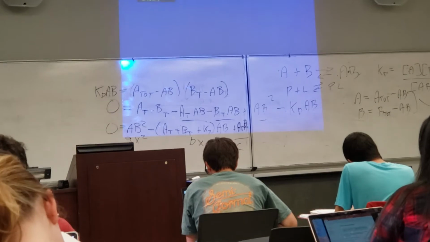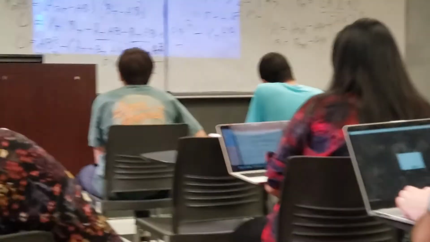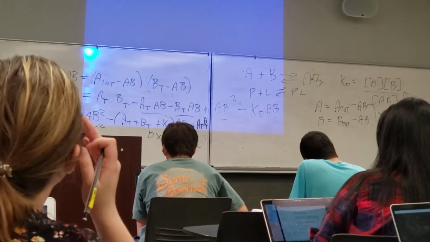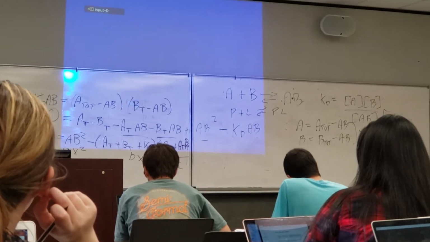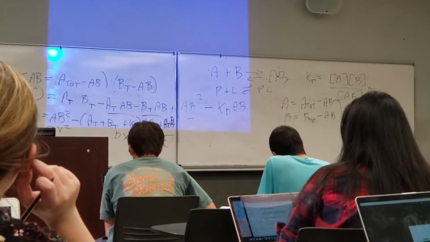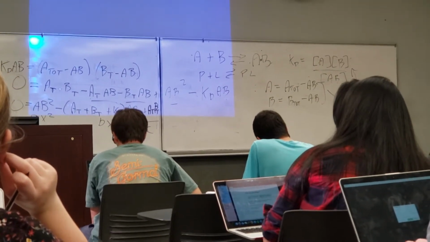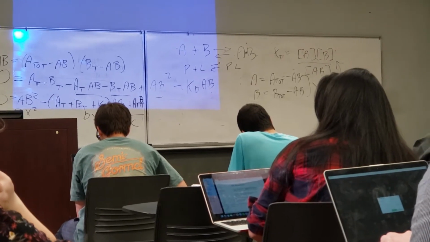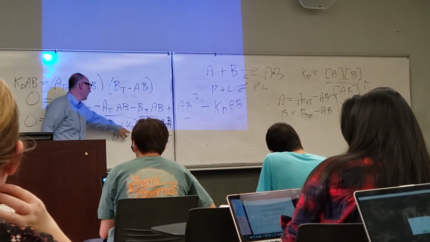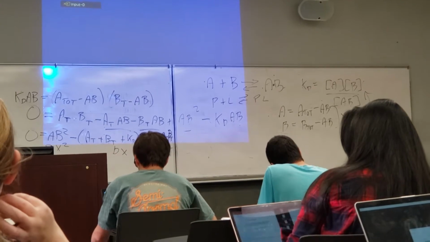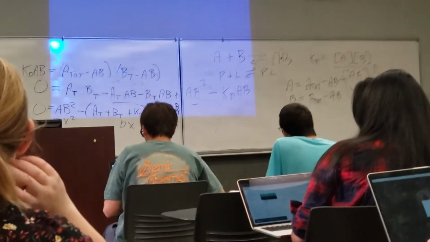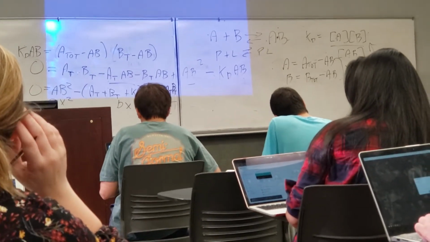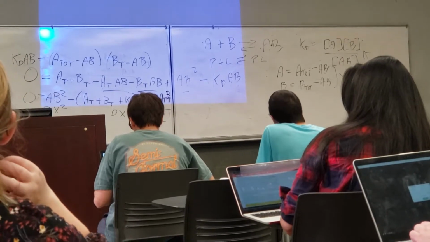All right, so what is a? What's the a term? 1. Okay, what's the b term? The b term is this whole business in here. And this c term is essentially A total, B total. So that's the derivation.